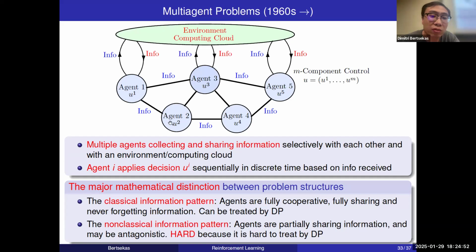For example, if they are working for different companies, then they have different agendas. If they don't collaborate, then this problem cannot be treated by dynamic programming. Therefore it's quite hard. Because agent 1 has a cost function G, whereas agent 2 has a different cost function, and each minimizes its own cost function, and it cannot be treated by dynamic programming anymore.